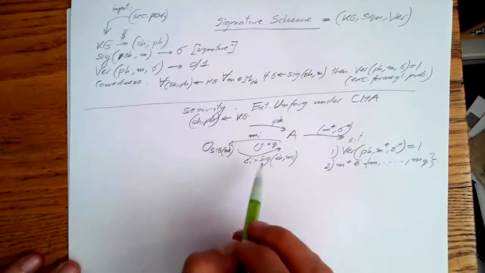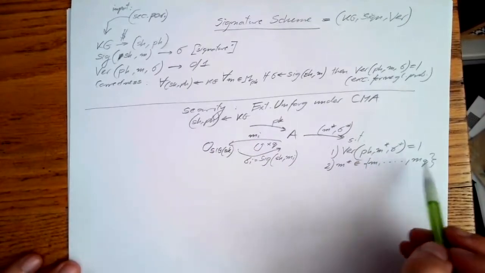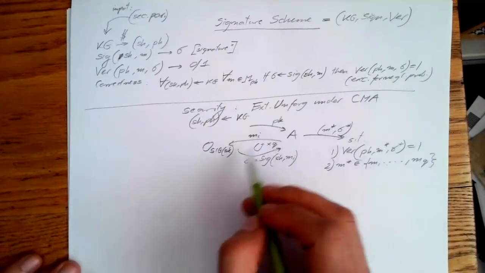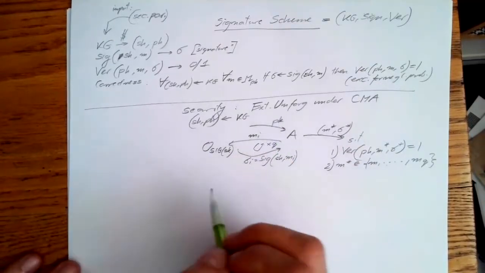So there's m1, m2, all the way to mq, for some q that is polynomial in the security parameter.